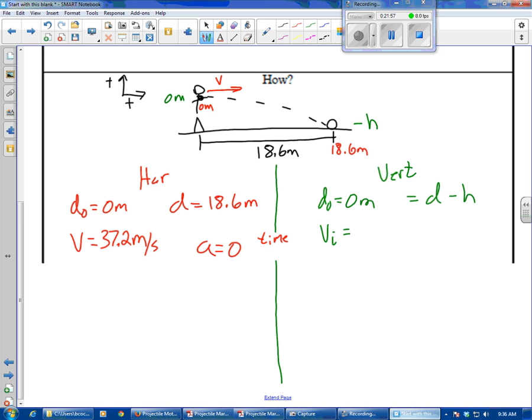How much of that is vertical? None. So how fast is it moving vertically? None. 0 meters a second. V final, no clue. But I know my acceleration is negative. We said down was negative meters per second squared.